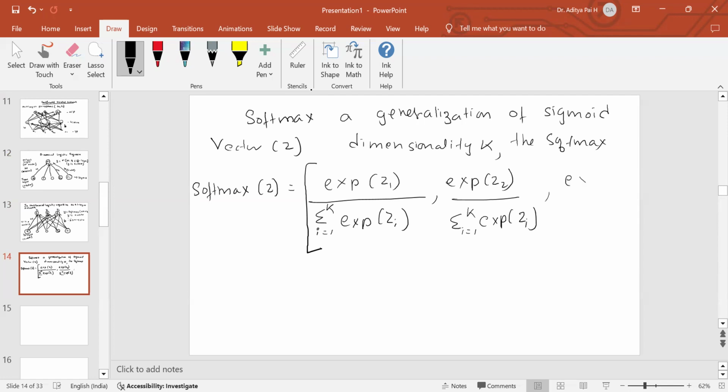Same way, exponential z3 over the summation of i equal to 1 to k exponential z of i.